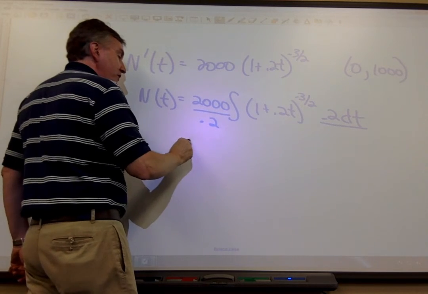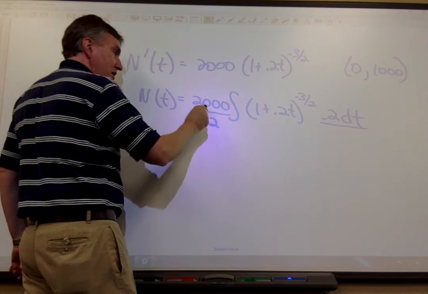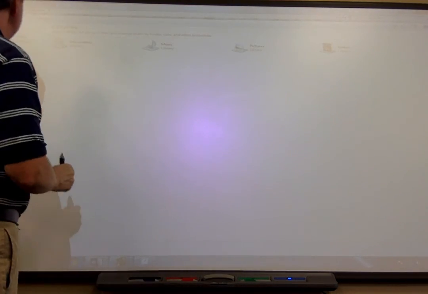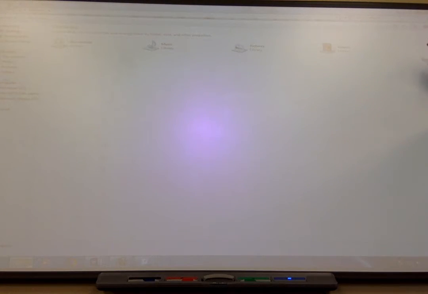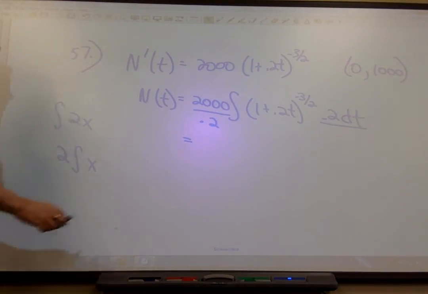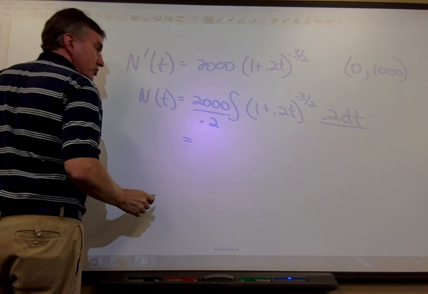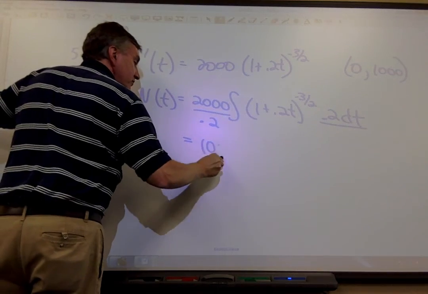All right? So that's going to be, let's see, n of t will be, what is 2,000 divided by 0.2? Whoa. 10,000.